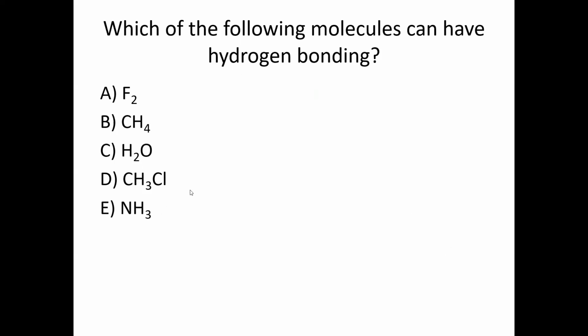So answering this question, only water and ammonia would have hydrogen bonds because of the hydrogen atom present. Even though there is hydrogen in methane and chloromethane, the other atom there is not very electronegative. Chlorine here is electronegative, but not as electronegative as oxygen, nitrogen, or fluorine.